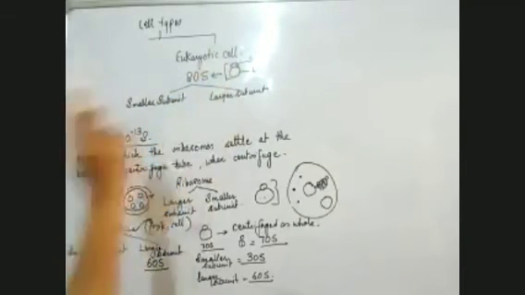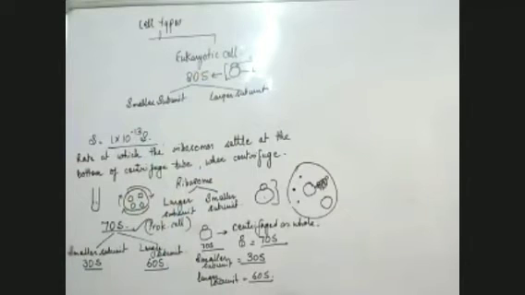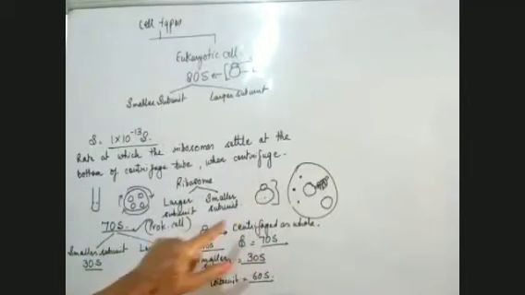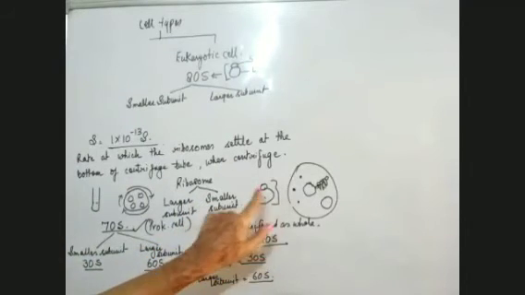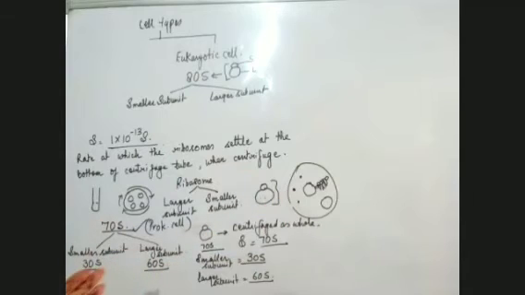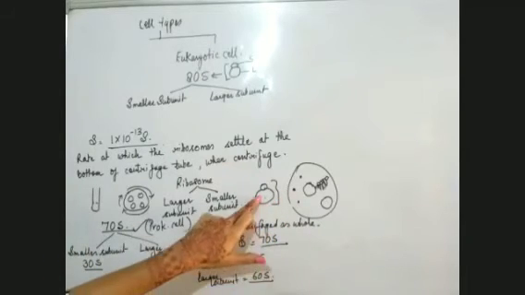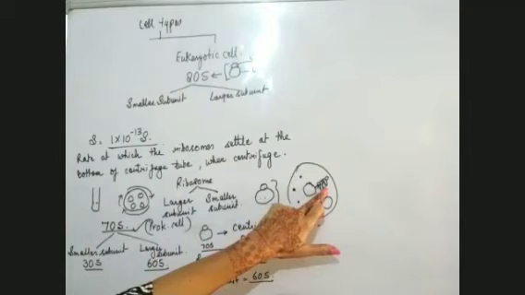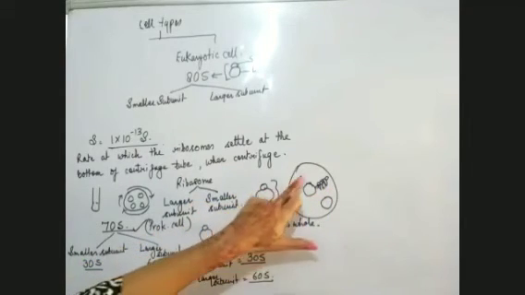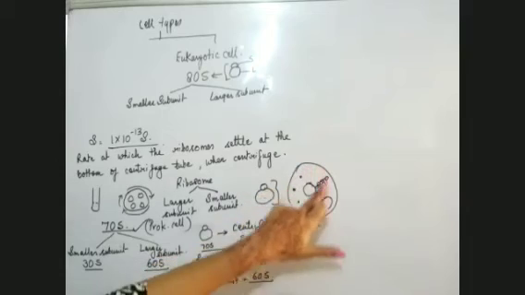Now, if these are separated, because I told you that they join together only when they function. Otherwise, most of the time, both the subunits remain separated in the cell. The larger subunit mostly remains attached to the endoplasmic reticulum and the nucleus, whereas the smaller subunit remains free in the cytoplasm.